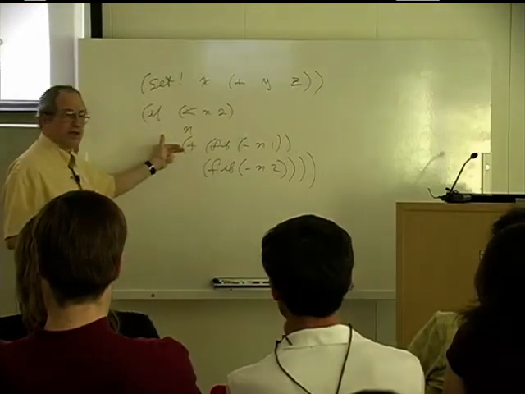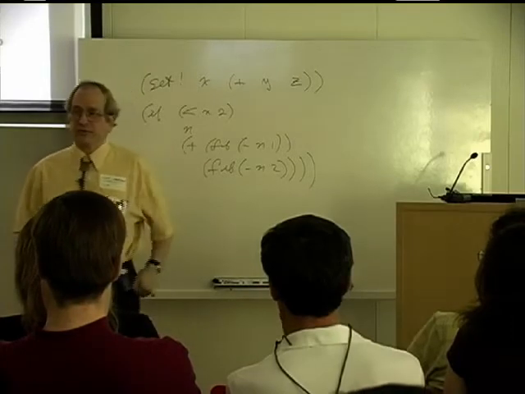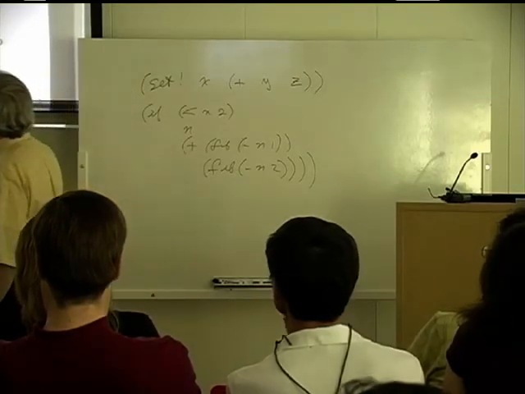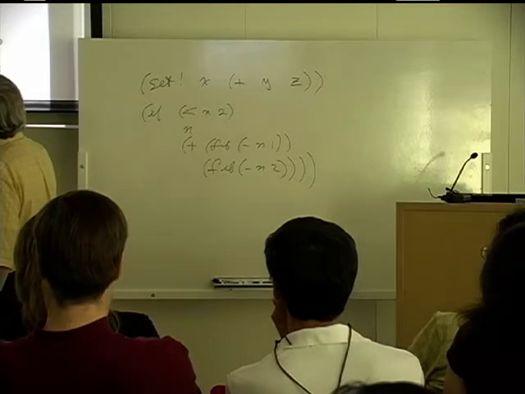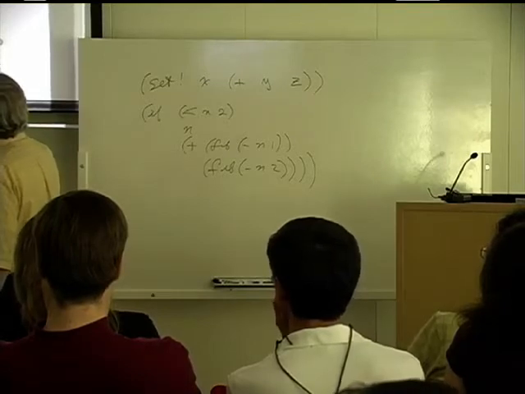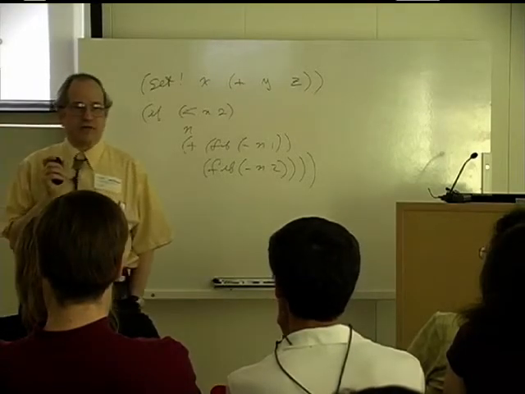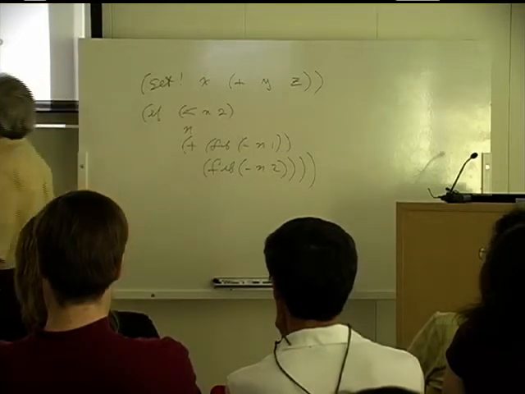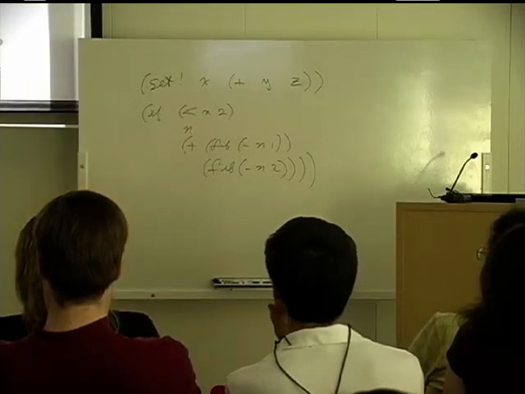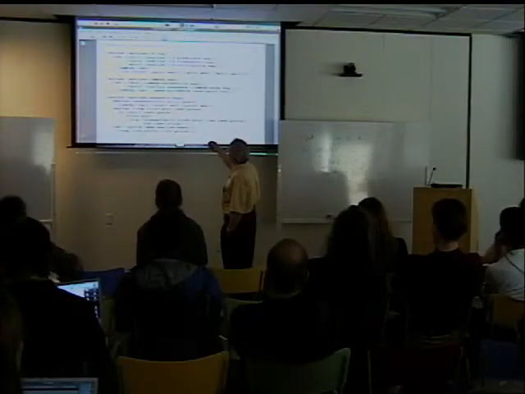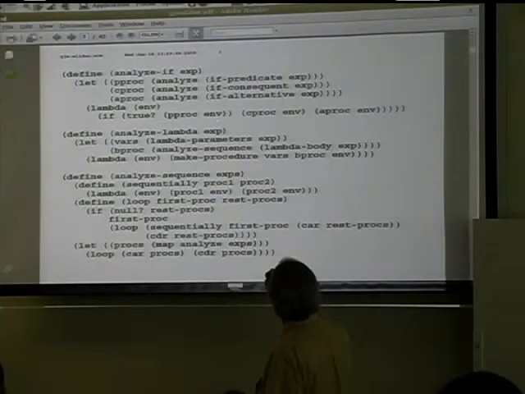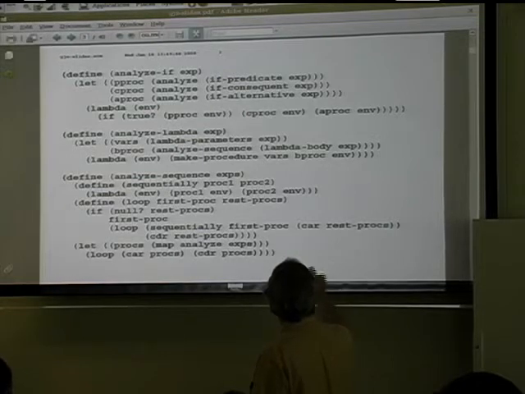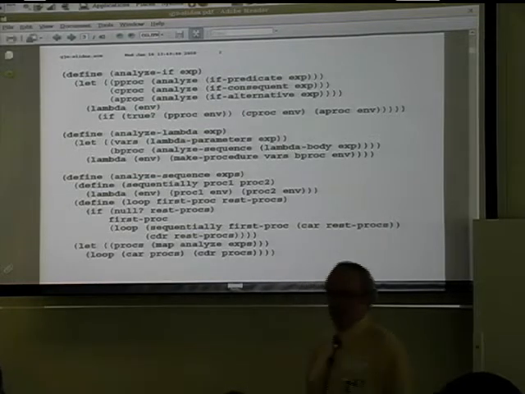Each needs its own analysis, and all of that can be done early, none of it depending upon the environment. It's purely syntactic analysis. But at execution time, we pass in an environment and call the predicate procedure on the environment. If that turns out to have a true value, we call the consequent procedure. Otherwise, we call the alternative procedure.